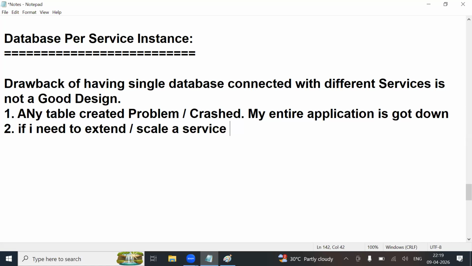So we used to scale the order service with different instances. If you have a single database, it is very difficult to scale. You will scale, but there is an issue. Am I right? So having a single database is not a right approach.